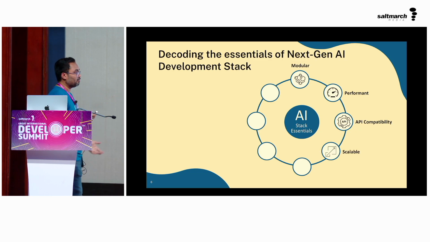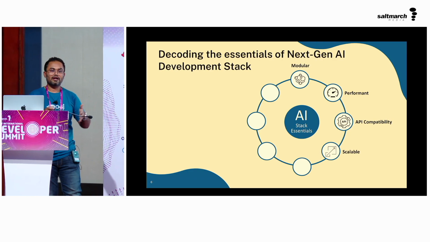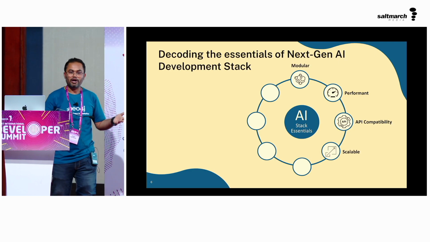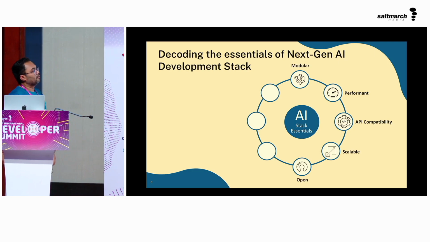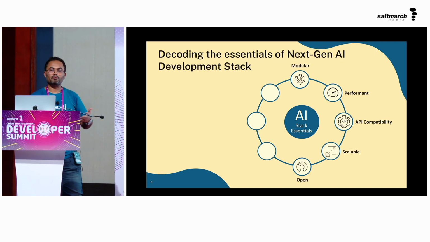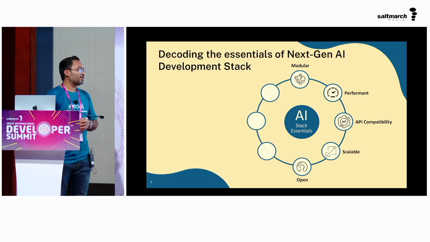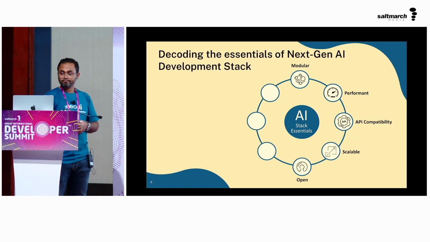And they should be scalable, because as the number of AI models grows within the stack or the data grows, the stack should provide the right flexibility and scalability. Then they should be open. They should be on some kind of open source model, providing the right transparency and collaboration within the AI community as a whole.